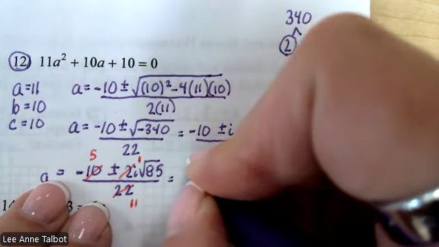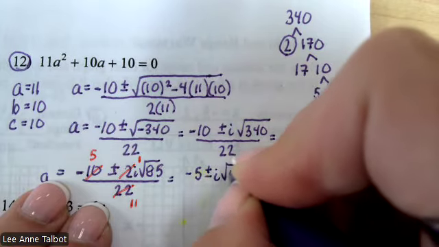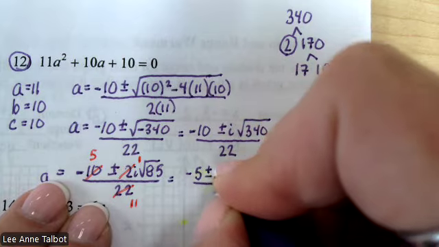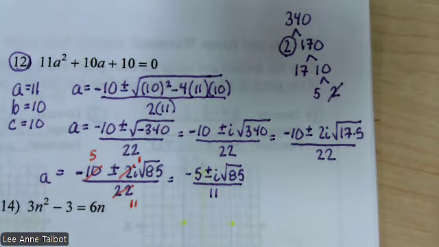Okay, so I have negative 5 plus or minus I root 85 all over 11. That is as bad as that problem will ever get. So if you can do that one, you can do all quad formula problems, basically.